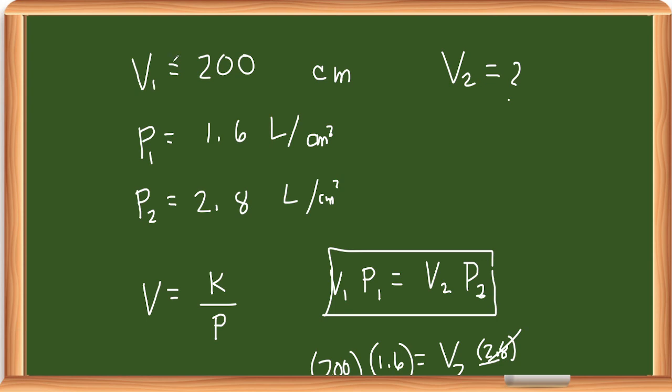Katulad nito, yung volume ng gas tsaka yung pressure, they are inversely proportional, kasi habang tumataas yung pressure, yung volume lumiliit. Habang lumalaki yung pressure, yung volume mo is liliit. Magiging konti, no? So, dun mo na lang pwedeng i-analyze.